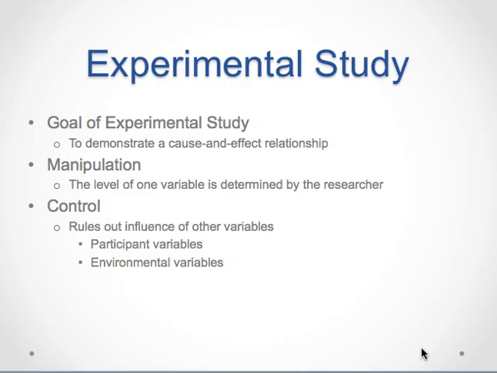Let's look at an example of an experiment designed to determine the effect of room temperature on student test scores. A sample of students was selected from a population of all undergraduates. In one group, the room temperature was 70 degrees while students took the test.